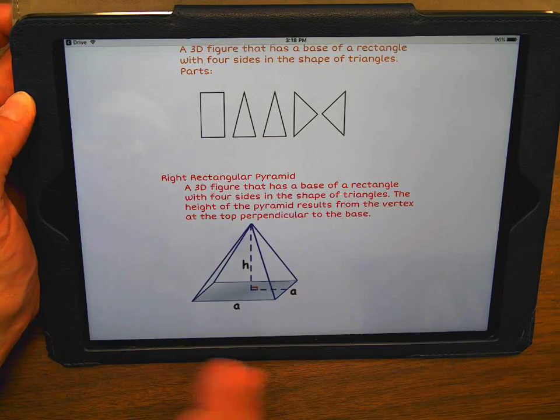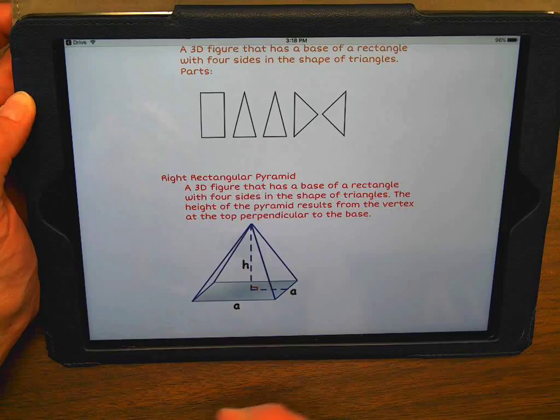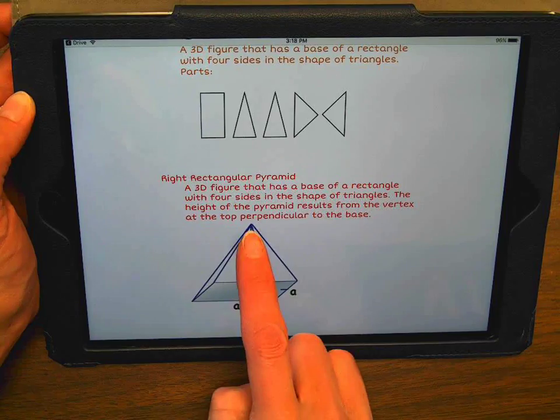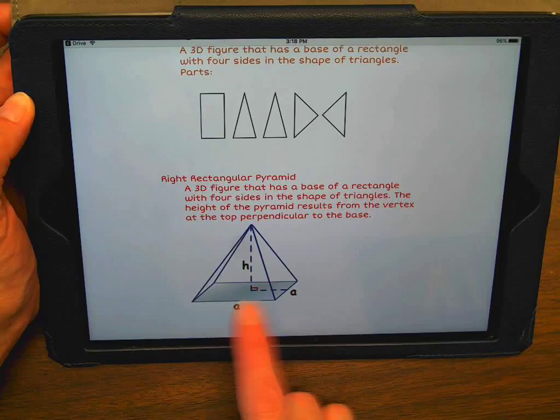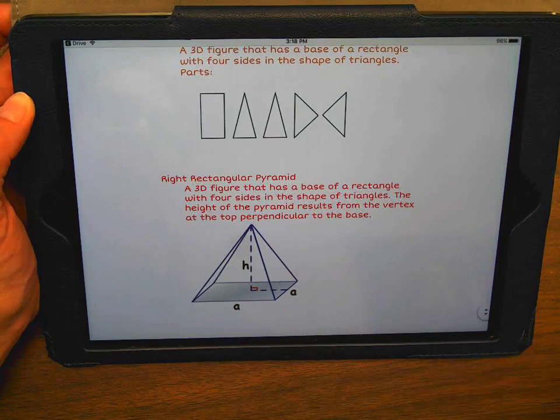They're very weird because they're slanted and they look a little bit different than what we're used to seeing. We'll be playing with those a little bit so that you get to see them. But the most important thing to recognize and remember is that if it's a right rectangular pyramid, the vertex where it all meets is perpendicular to the base, creating that 90-degree angle. All right, and that's what you need to know for these.